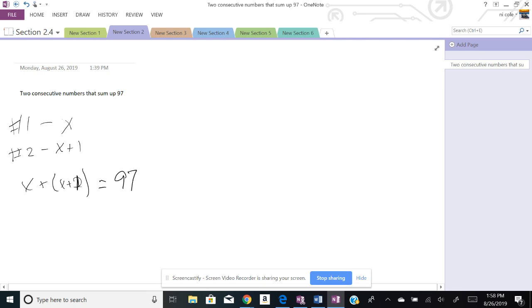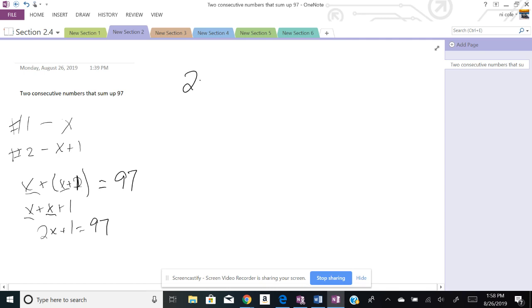Okay, so now I need to get rid of the parentheses, so first thing first, let's get rid of those parentheses. And then I can combine like terms. X plus X is 2X plus 1 equals 97.